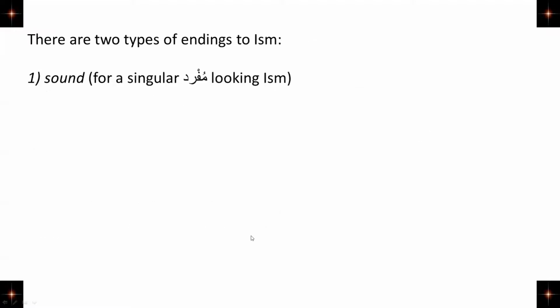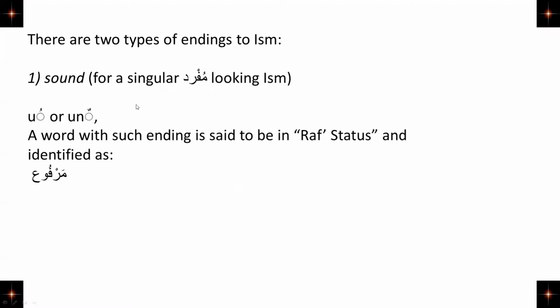Very important information here. So there are two types of ending to an ism, which we have just learned: sounds and combinations. Now, the first one is the sound, the ending sound. Okay, the endings of the word can either be sound or combination.